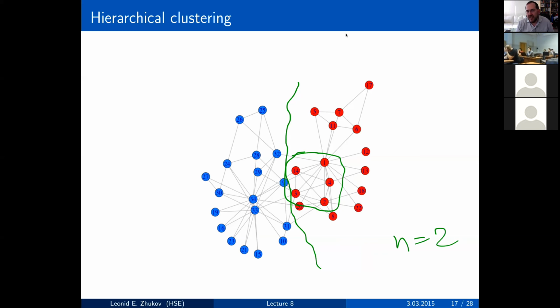And as always in clustering, this is the trickiest part: how to select the number of clusters. We'll talk a little bit more about this at the end of the lecture, on how to use something different from just similarity to detect good clusters.